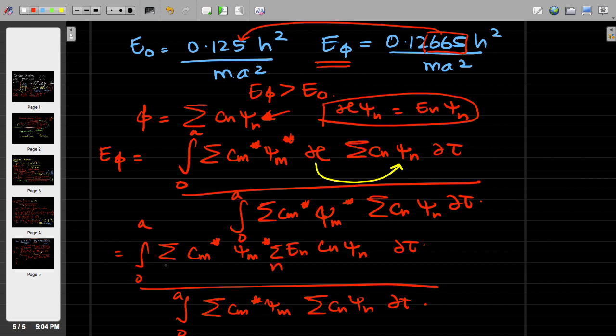Of course, this is summation over m and n, which has to be explicitly written.